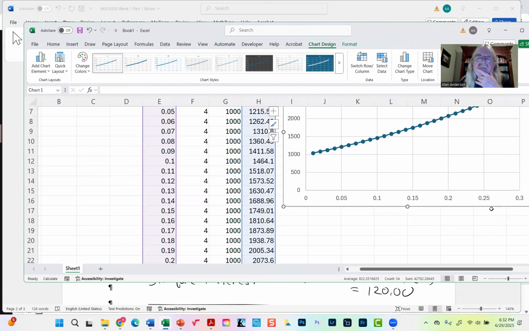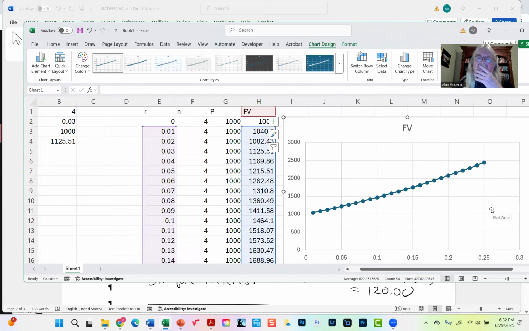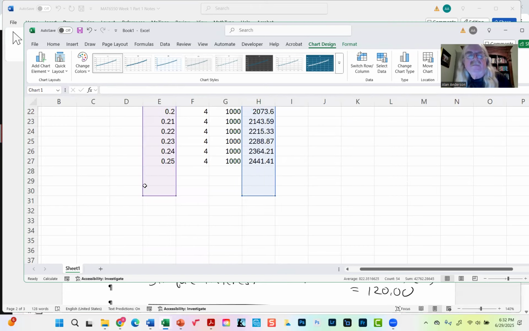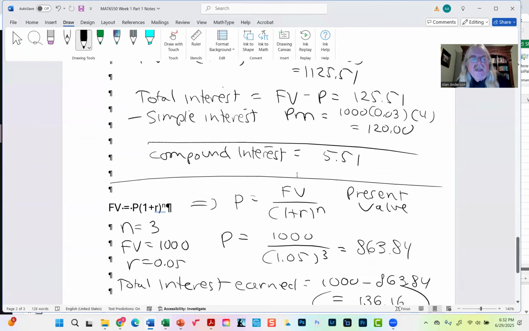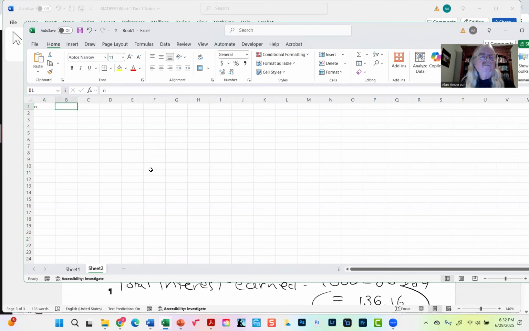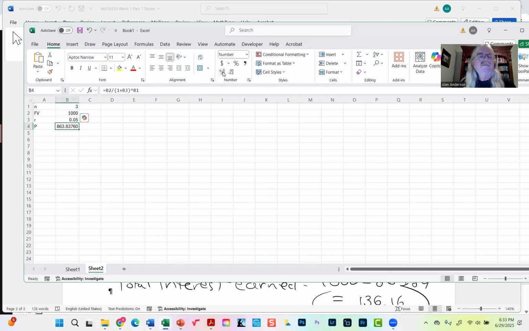Okay, so what about the present value? So the example on our slides is this. N is 3, future value is 1,000, and we're looking at a 5% rate of interest, and the PV turned out to be $863.84.